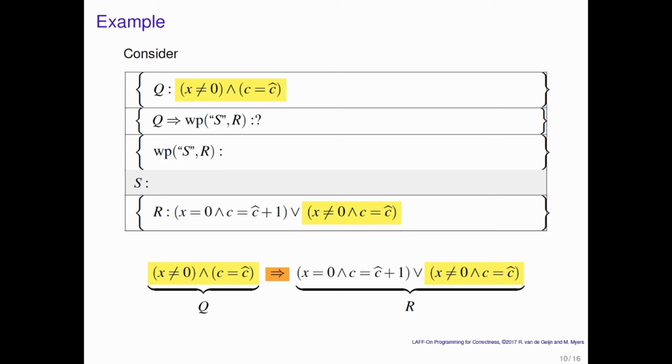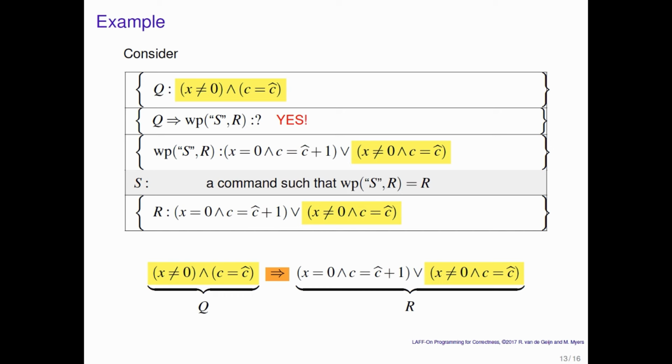And since that's the case, it sure would be nice if the weakest precondition for whatever command we execute is the post condition, because then we can assert that the precondition implies that weakest precondition. So all we need to do is come up with a command such that the weakest precondition of executing that command, leaving you in a state R, is R itself. And we know exactly what that command is. It is the skip command.